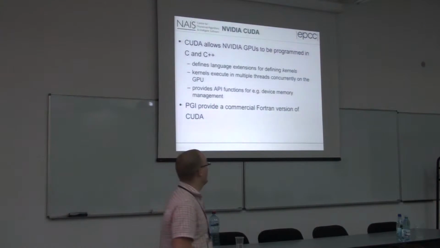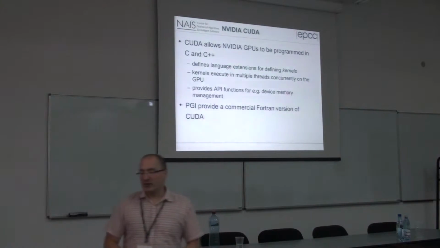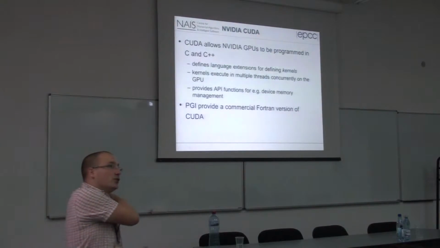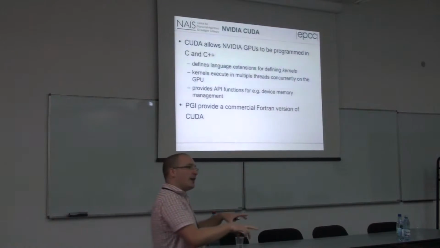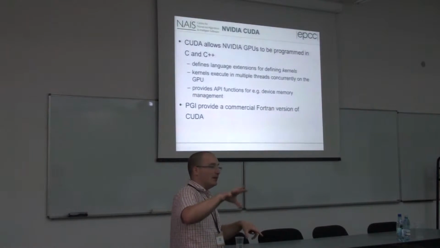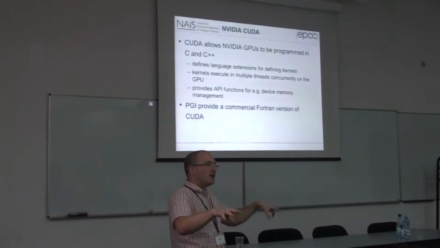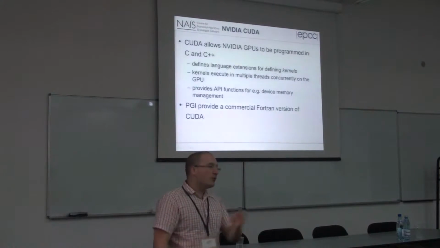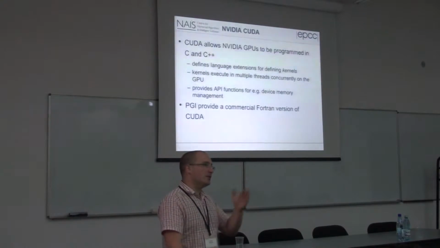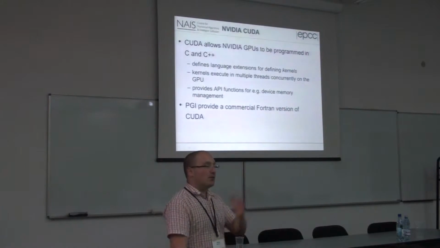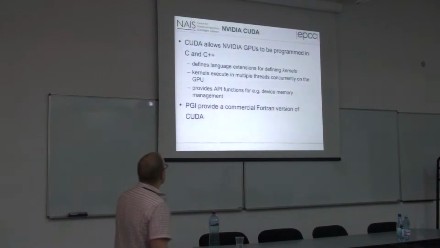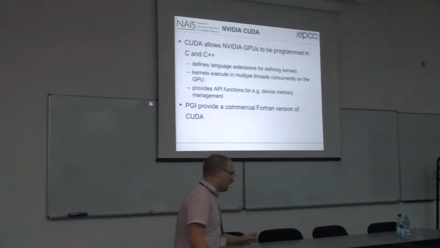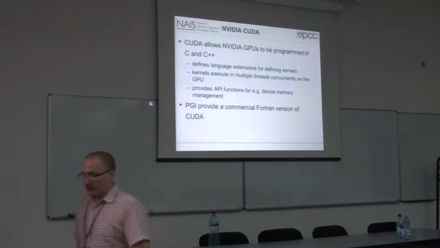And actually that's one of the biggest challenges in optimizing codes for GPUs: the GPUs have fast memory themselves, but the connection between the main memory and the GPU is quite slow. So if you're always moving data backwards and forwards between the GPU and the main memory, that's going to kill your performance. So this memory management is one of the areas where you really have to spend a lot of time optimizing the work.